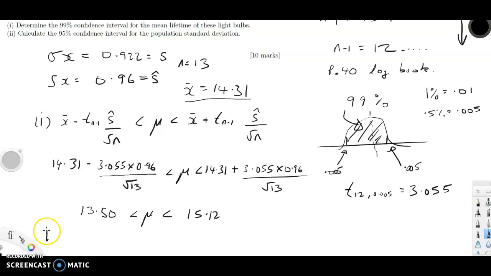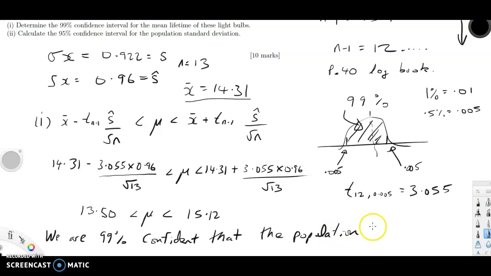So we are 99% confident that the population mean, otherwise known as mu, is between those limits, which are 13.50 and 15.12. Mu is greater than 13.50 and less than 15.12. We can say that with 99% confidence.